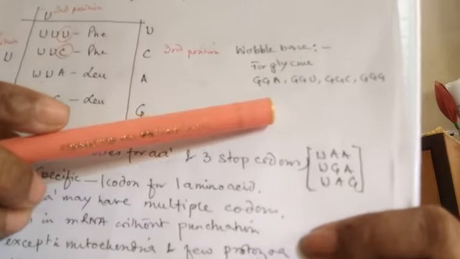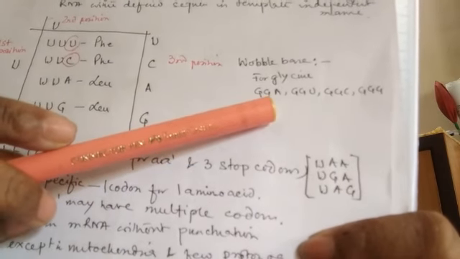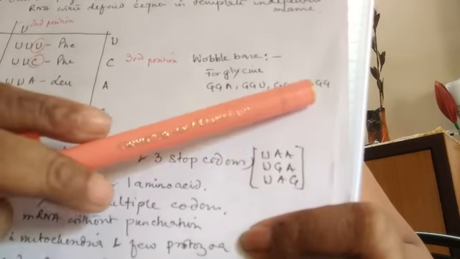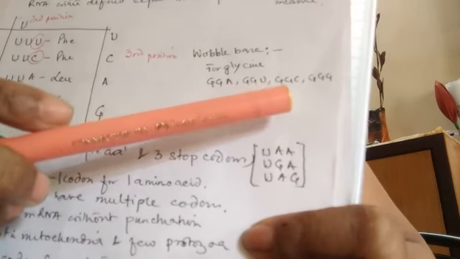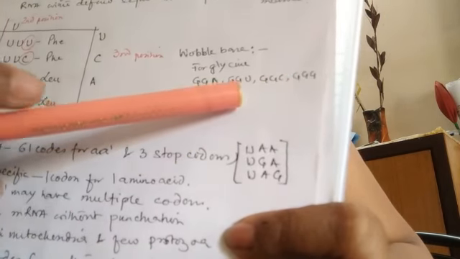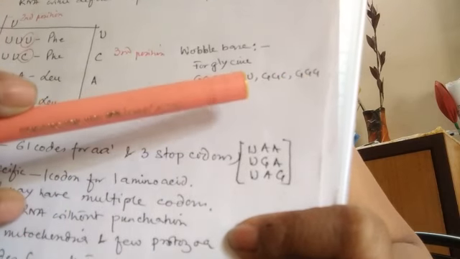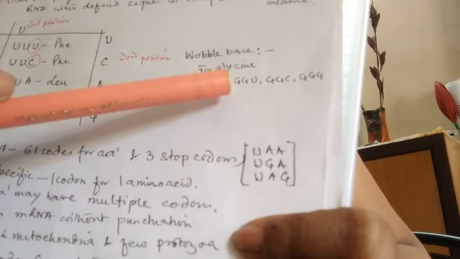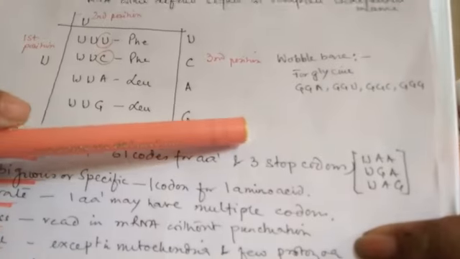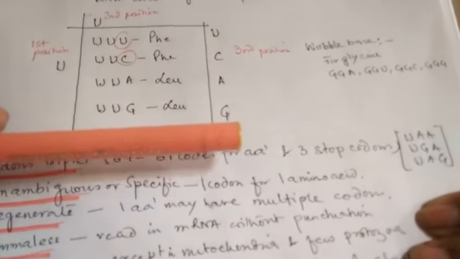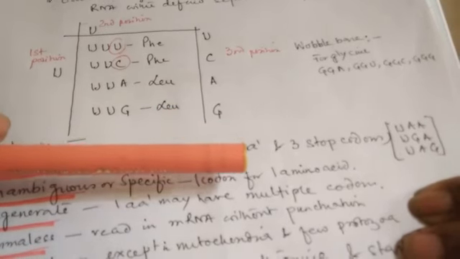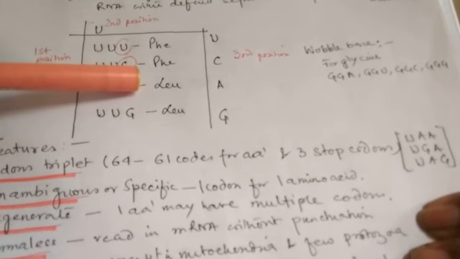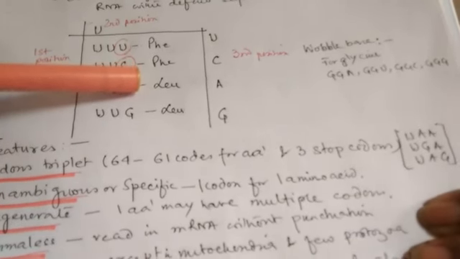We can consider the example of glycine, where GGA, GGU, GGC, GGG all have different third nitrogen bases, but all code for glycine. So the third nitrogen base has very little significance in coding for a specific amino acid.